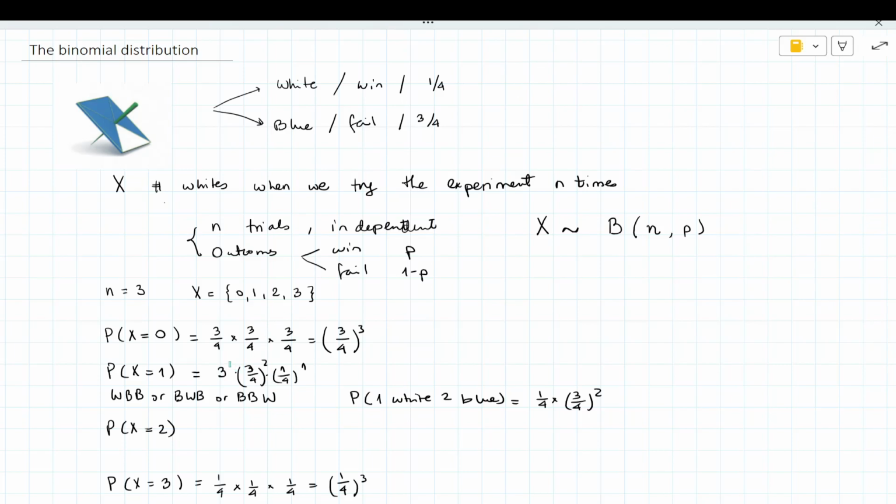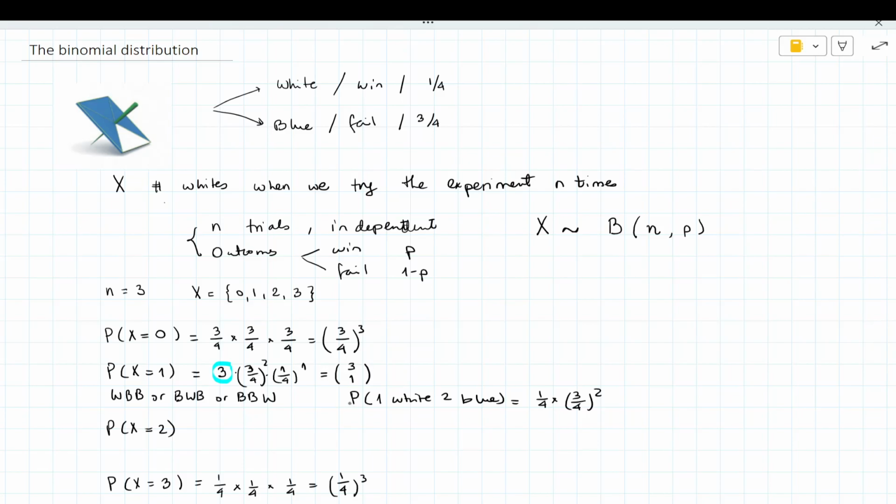Let's look a second at this 3 over here. How do we know that this is a 3? Well, we are going to have only one spin that is white. We have to decide which one it is. Is it the first one, the second one, or the third one? So there are 3 choices. A more formal way of looking at this is to think that we have 3 possible spots and we are picking one of them.